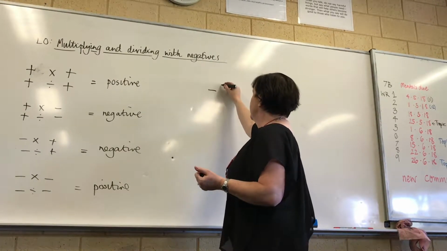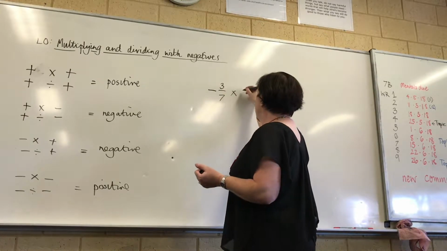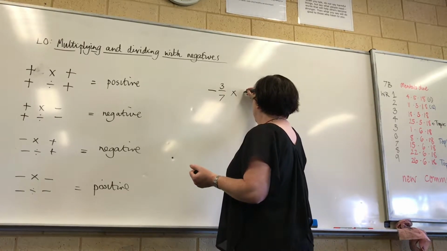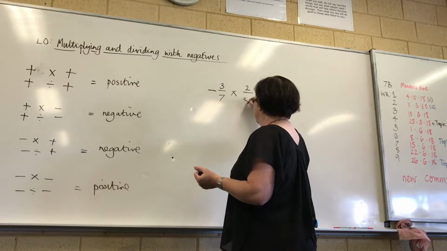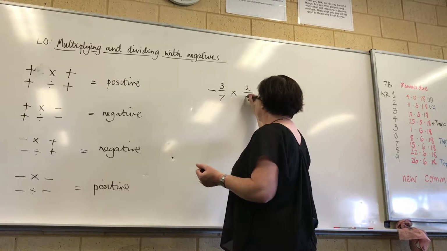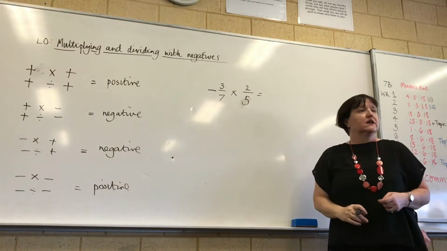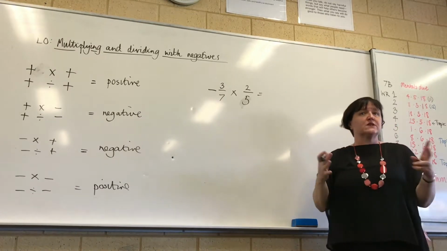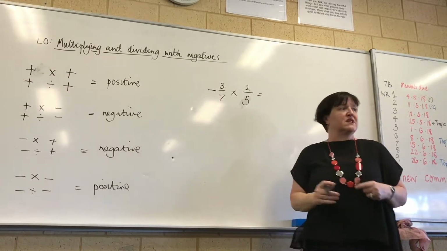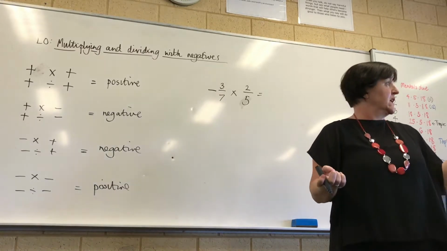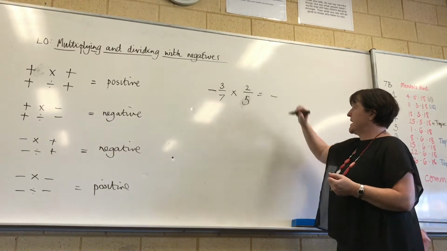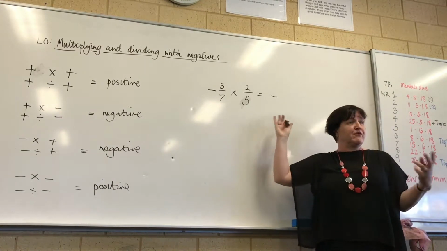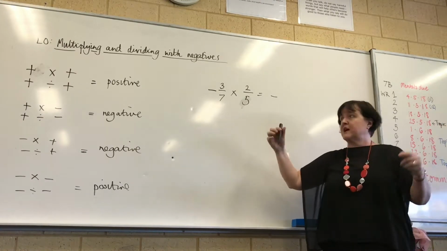We'll have -3/7 multiplied by positive 2/5, say. Now we know straight away, don't we? We've got a negative times a positive. What is my answer going to be? Negative. That's right. So put the sign there before you even begin, and then you know you've dealt with it.